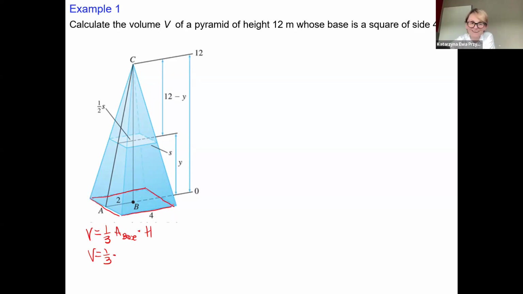The base is a square, 4 by 4, 4 squared. And the height is 12. Can we compute this? 16, and we can simplify this. It will be 64. Let's add units, meters cubed, because volume is cubed.